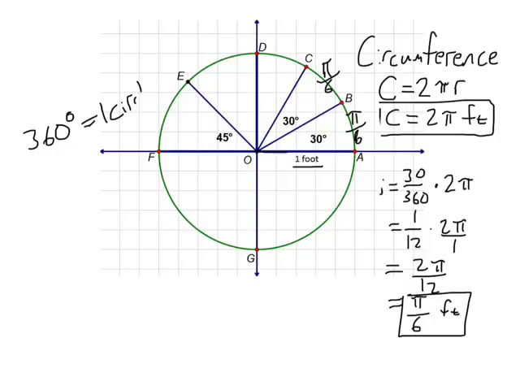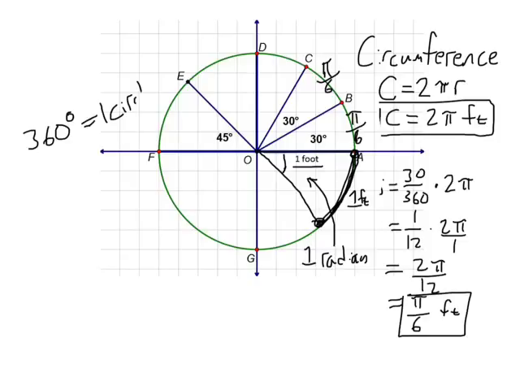Or another way to define that is this. If we take this radius of 1 foot and find another radius, we would find a length right here that's 1 foot. That angle right there would be 1 radian. So this would be a 1 radian angle, because the arc length is 1 foot.